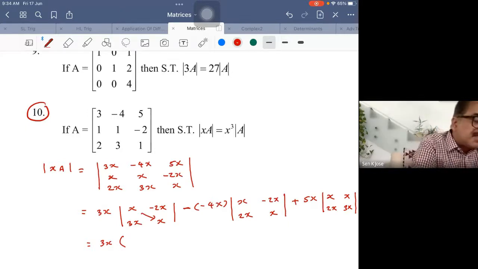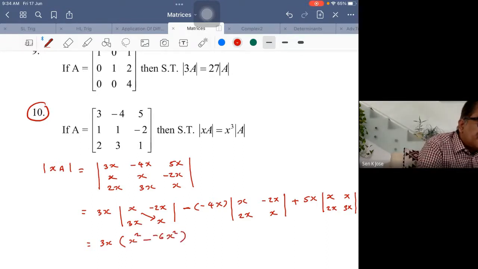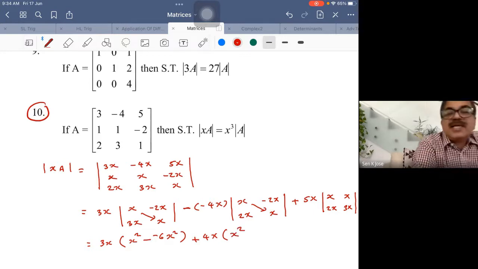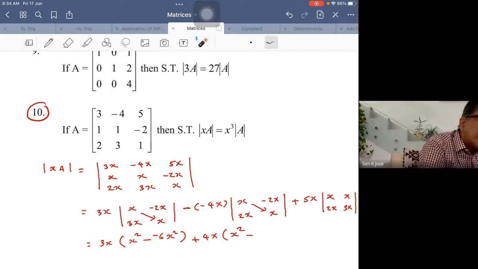I'm sure some of you must have already finished. It's x squared minus 6x squared. 3x into 2x, 3 into 2, 6, and x into x is x squared. This is plus 4x into, cross multiply again, AD minus BC, which will get me x into x, x squared, minus, look at the remaining product.